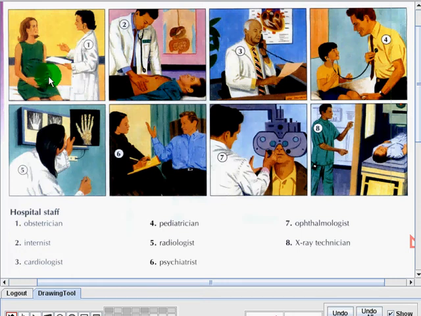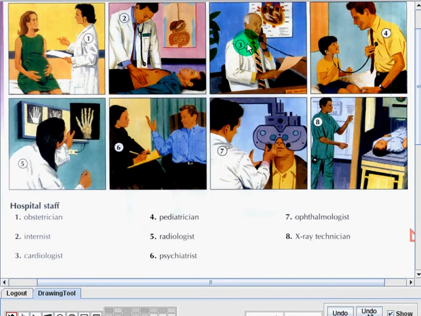She is what we call an obstetrician. Next, student, we have the word internist. He is what we call an internist. An internist is a doctor whose specialty is internal medicine.